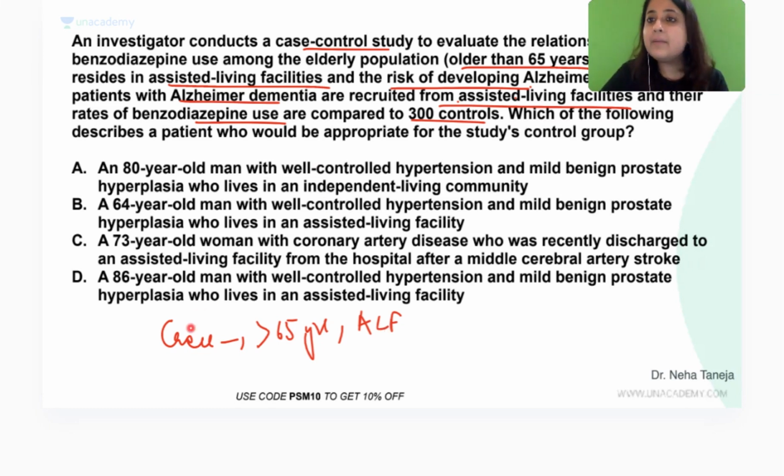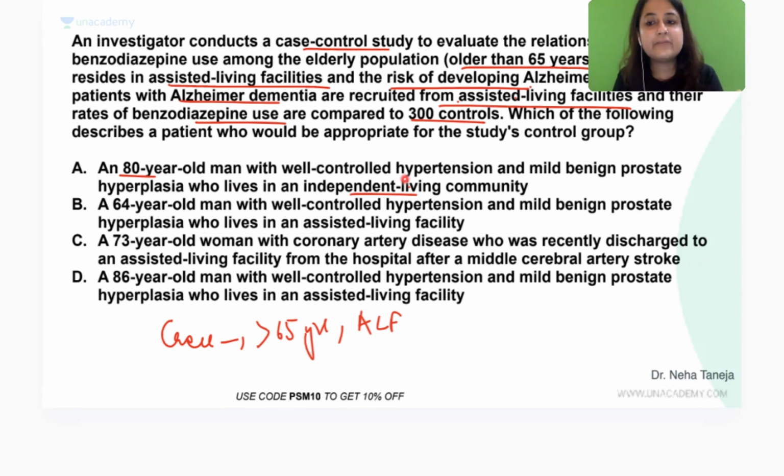Very good. So when we choose controls, let us read the first option. 80-year-old man with well-controlled hypertension and mild BPH who lives in an independent living community. Why will I select a control? Age is okay, above 65, agreed. But why will I select a control from an independent living community?